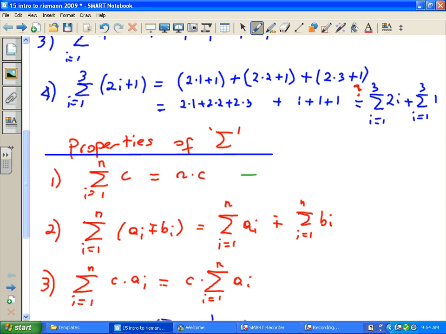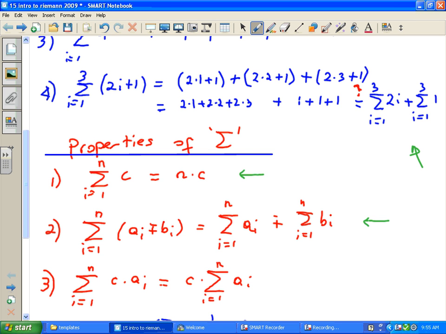If you're just adding a constant, it's as if you're adding C n times, because it's C plus C plus C, n of them, so that's n times C. Property number 2 is also something we looked at just now. If you have summation of A sub I plus B sub I or A sub I minus B sub I, you can write that as 2 separate sums: summation of A sub I plus or minus summation of B sub I, just like we've seen up there. You can split a summation.